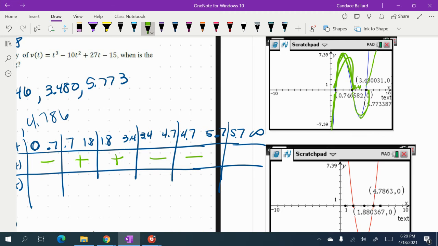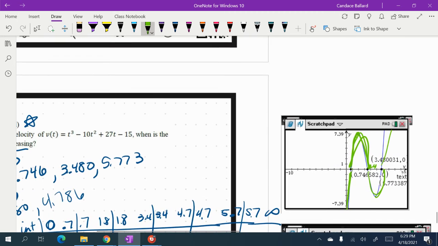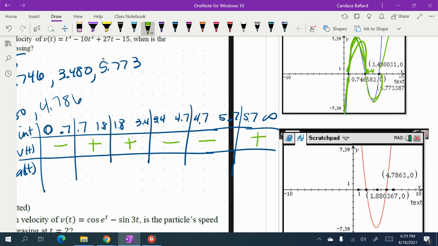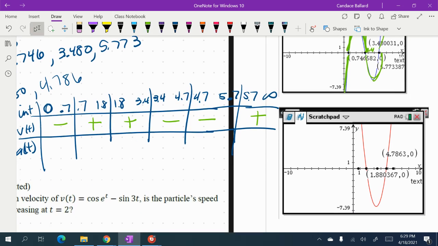And then 5.7 to infinity, I went back above again. Then I'm going to do the other graph, the acceleration. From 0 to 1.8, I know I'm above the axis. Then from 1.8 all the way until 4.7, I am below the axis. And beyond 4.7, I'm above.